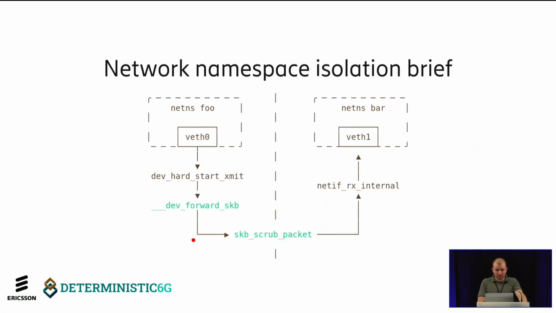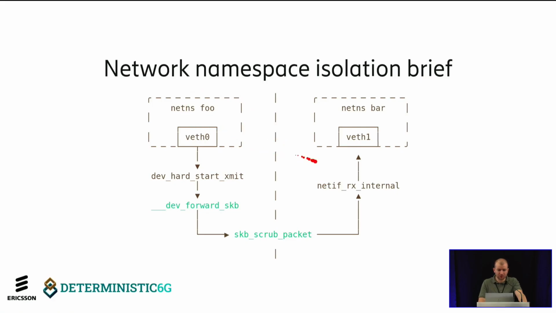And when it comes to network namespaces, which are used heavily to isolate microservices, for microservice network isolation, the two important functions here are dev_forward_skb and skb_scrub_packet. The dashed line here represents the boundary of two network namespaces.